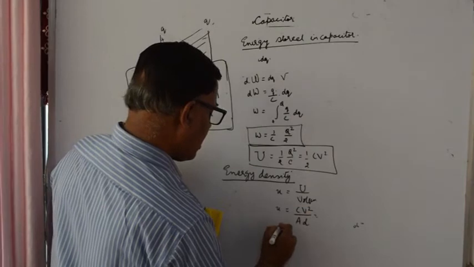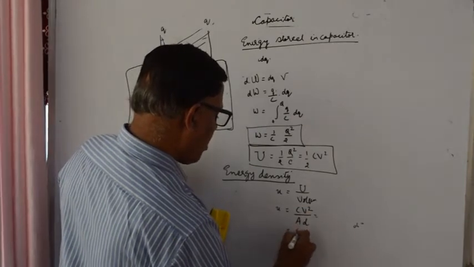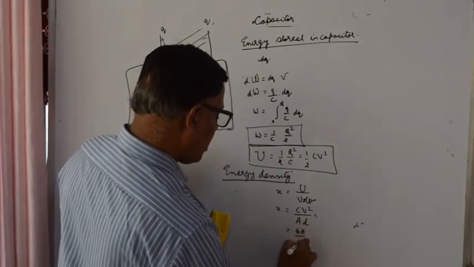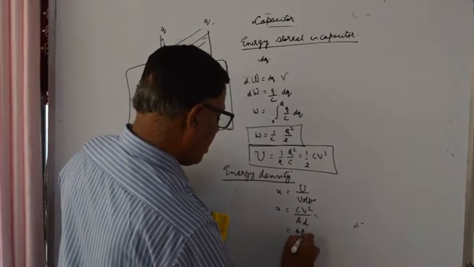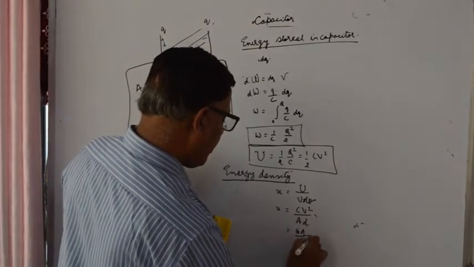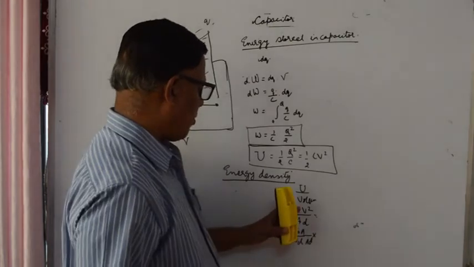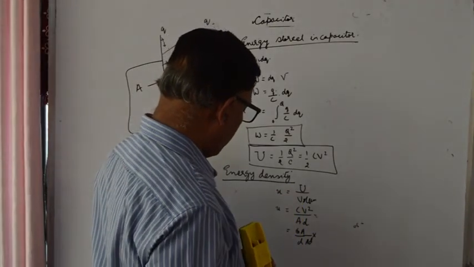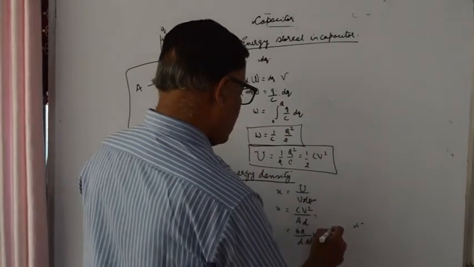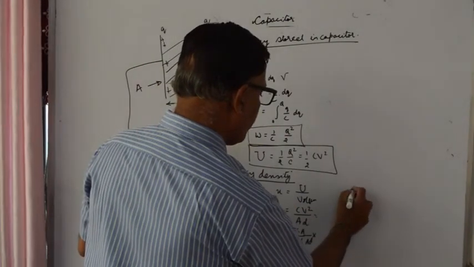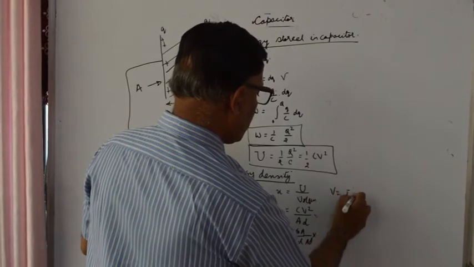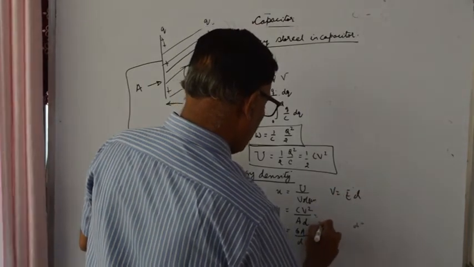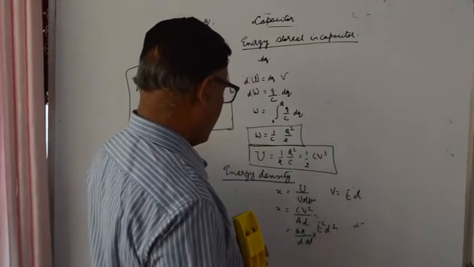Energy density: C is equal to epsilon 0 A upon d, and this is your A d. Potential V is equal to E d, so E square d square.